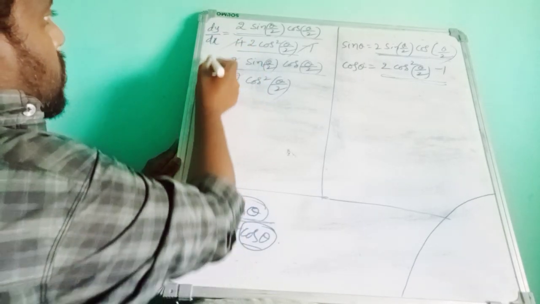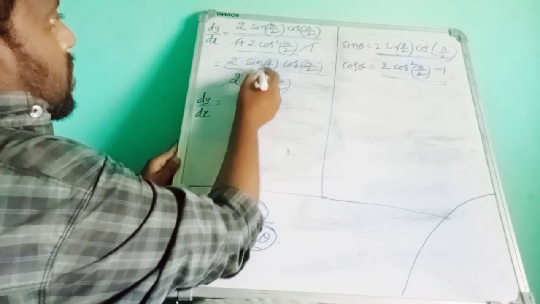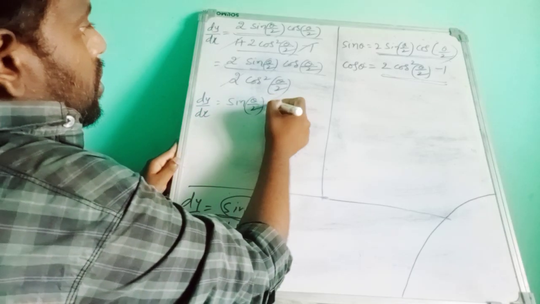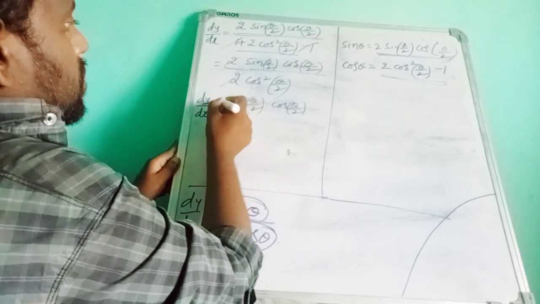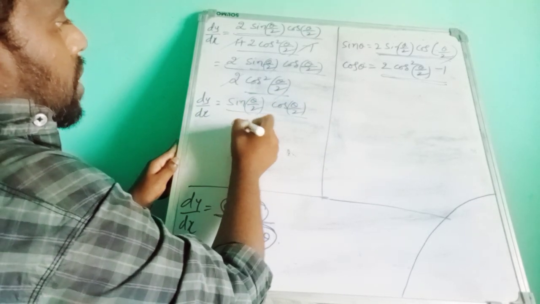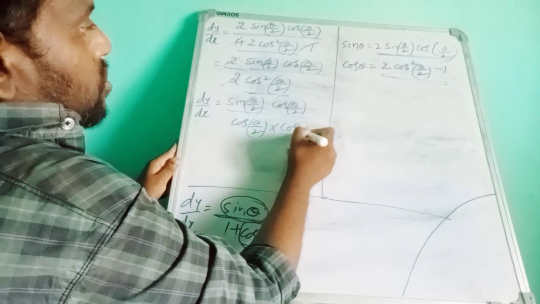In the next step, dy by dx you write sin theta by 2 cos theta by 2, whole divided by cos square theta by 2, which can be written as cos theta by 2 into cos theta by 2.